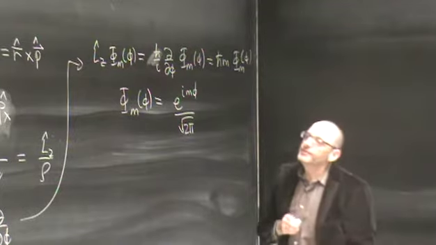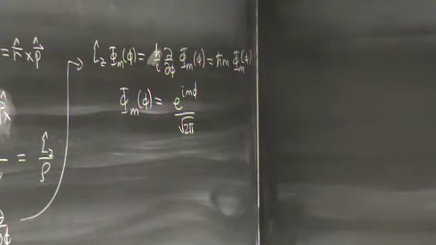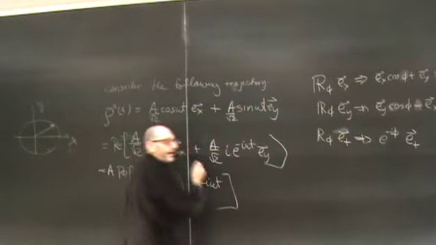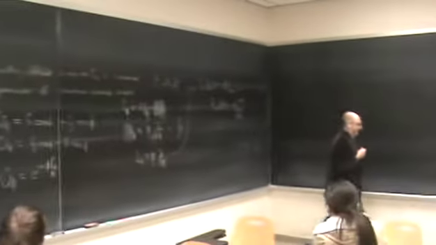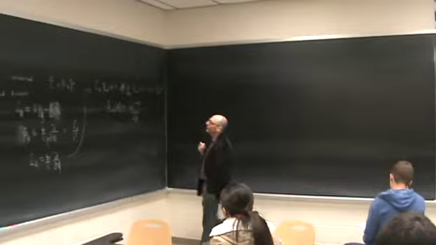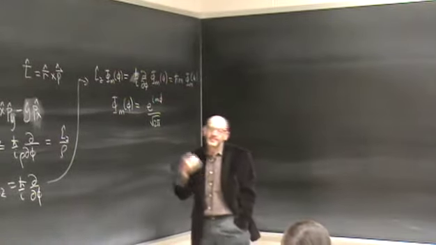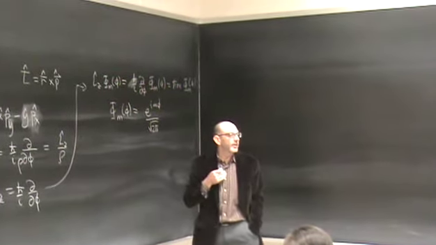And in the same way that I created a classical trajectory out of a superposition of motion along x and motion along y that were 90 degrees out of phase with one another, let's look at a state in Hilbert space which is a superposition of one excitation along the x-axis and one excitation along the y-axis that are 90 degrees out of phase with one another.